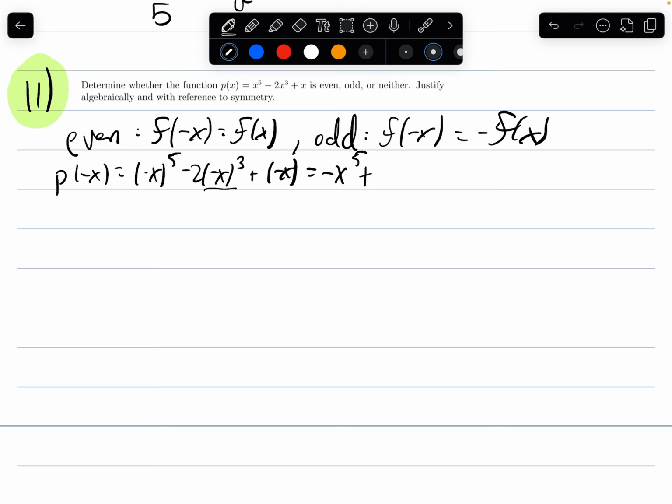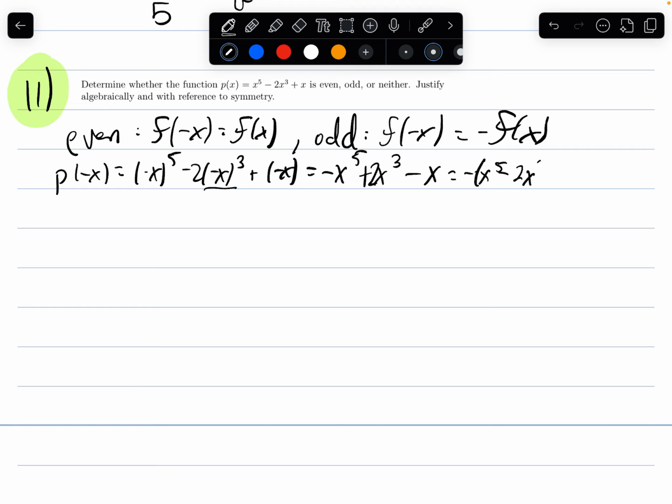The negative becomes a plus, 2x cubed. And finally we have the plus negative x, which becomes minus x. I can pull a minus out of everything, and I'll get negative x to the 5th plus, I'm sorry, minus 2x cubed plus x, which is negative p of x. So thus it means odd.